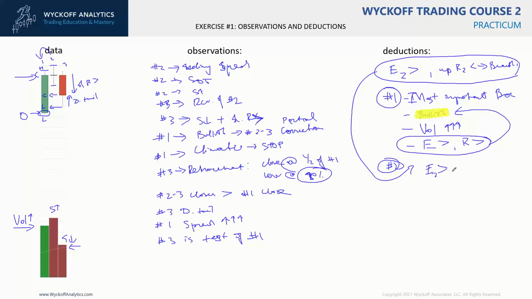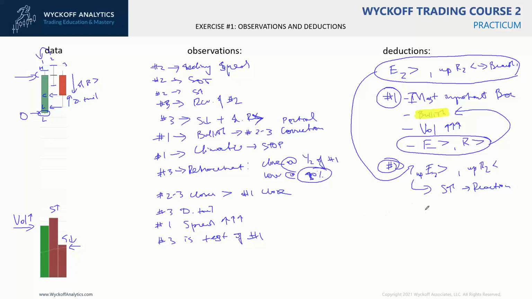Increased effort to push the price up, and yet the upward result is diminishing. So what could we deduce from this? More effort to push the price up and inability to do so. Supply is present, and therefore we might have some kind of reaction.